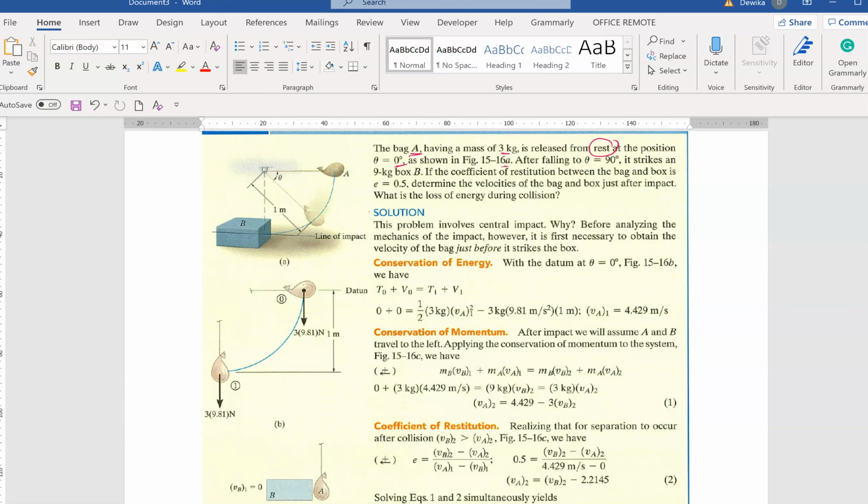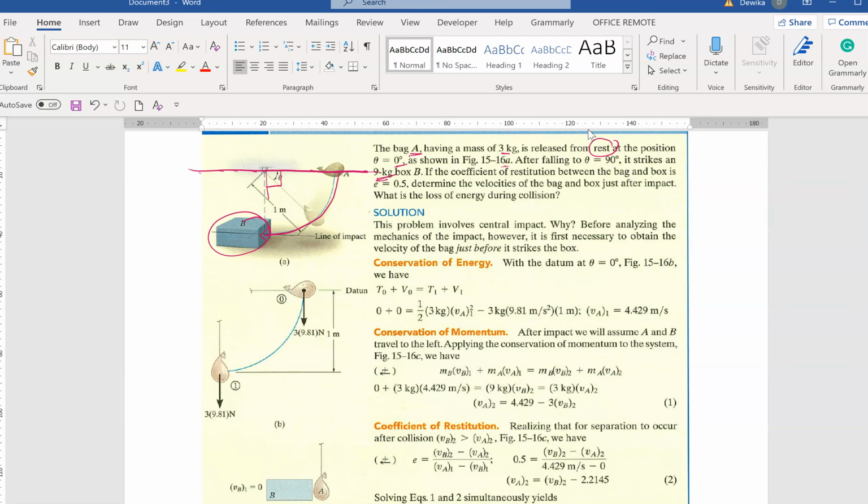Theta equals 0 means this is your reference point, the initial datum, where theta is 0. After falling to 90 degrees, it strikes a 9 kilogram box. So it means from A, it will go to this location, drop 90 degrees, and then impact box B. So it's like a story, right?